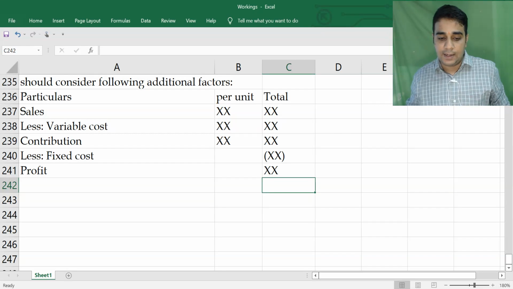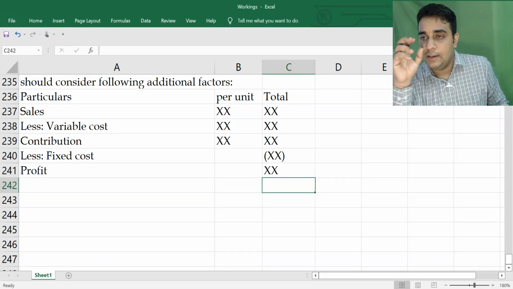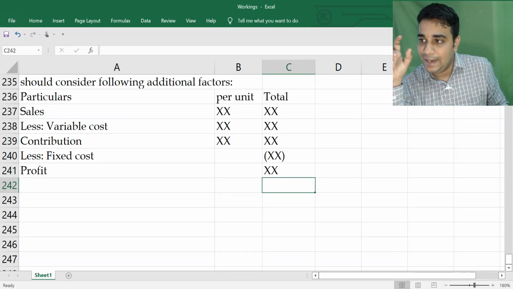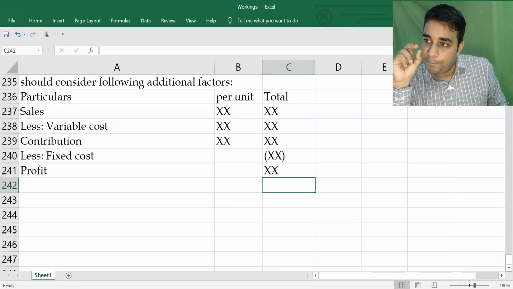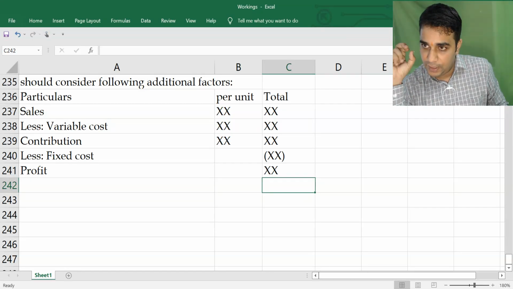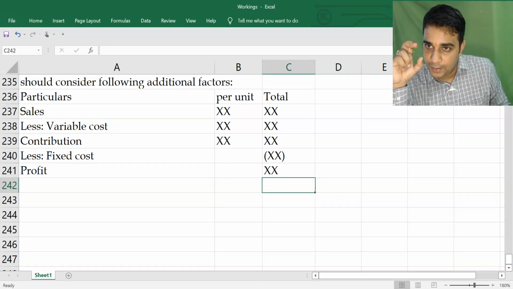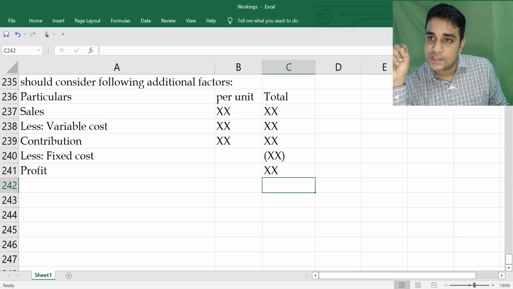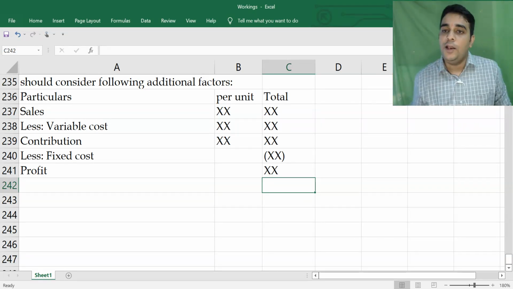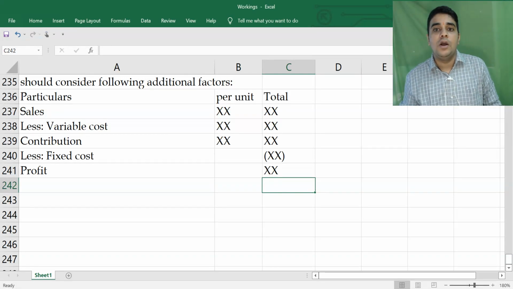Why this is critical is, if the question tells you that variable cost increases by 10%, then the 10% increase will have to be applied at a per unit level. You don't look at the overall variable cost and say I'll increase 10%, because overall variable cost will also go up because of volume. If volume goes up, overall variable cost will go up.